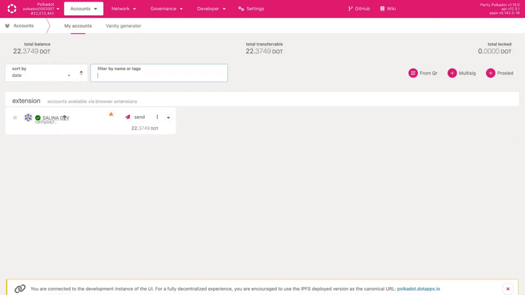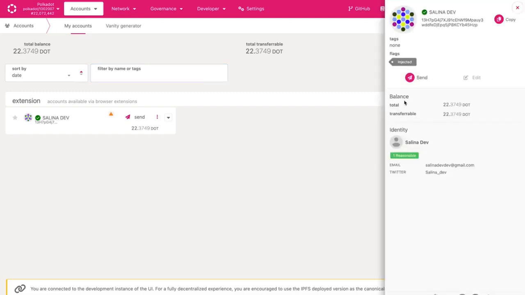So here's my account, and right here we can see that there is total balance and transferable balance, and also that they're equal in this situation. Actually, they were frozen, not all of the sum, but 20-something DOT were frozen to get the verification. But somehow it's gone now, so it's all transferable, can be transferred at any minute.